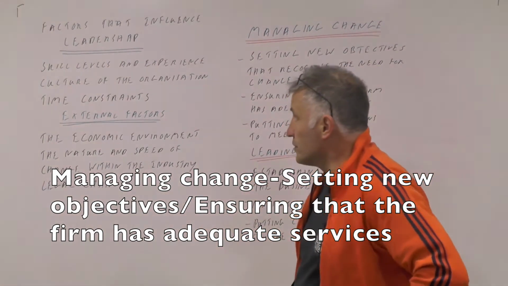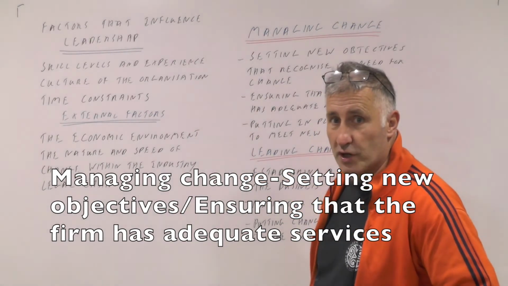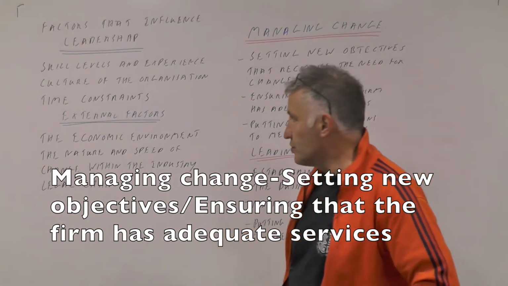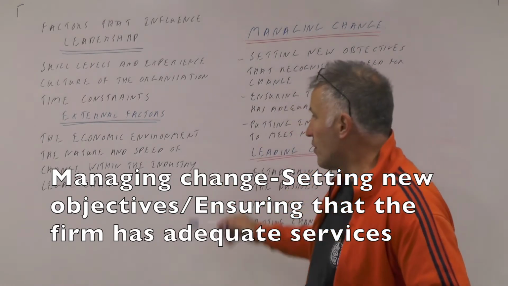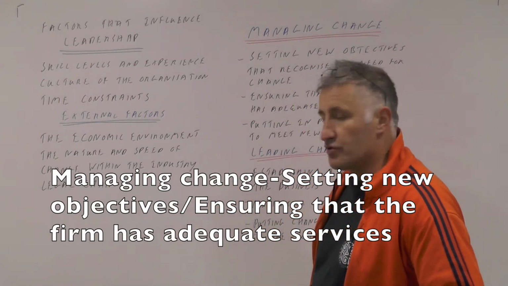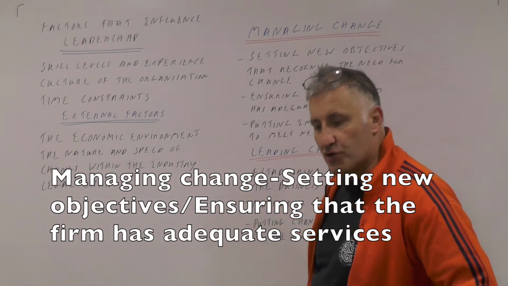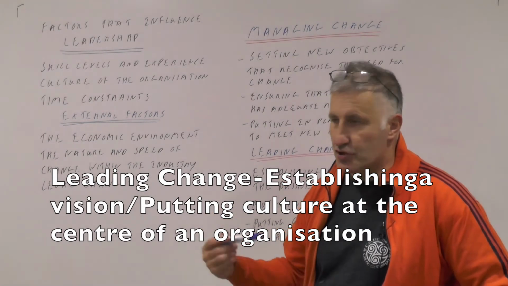The factors that influence leadership are the skill levels and experience of the leader, the culture of the organisation, and the time constraints in terms of how long it takes to do something. The external factors are to do with the external environment and the nature and speed of change within the industry. In some industries there is constant change and you constantly have to adapt, and there are constantly new threats to that business.